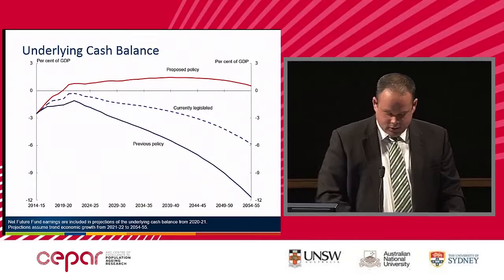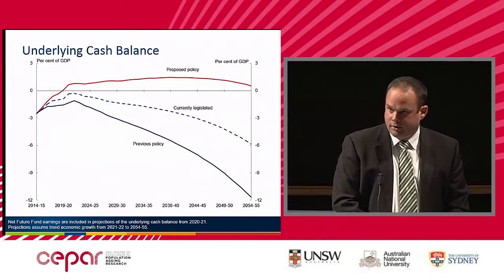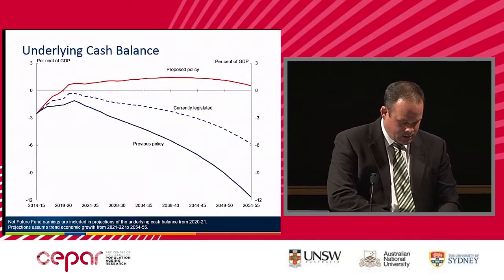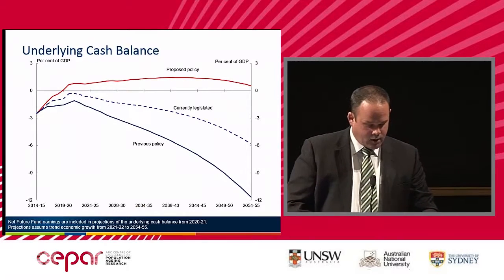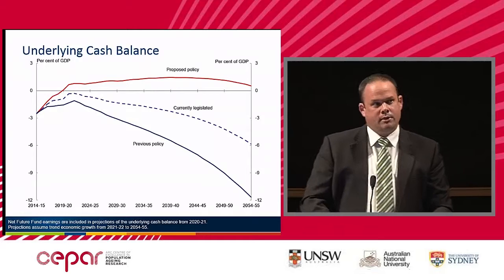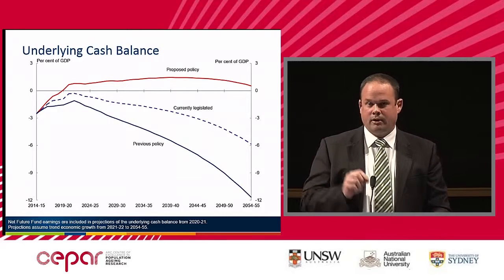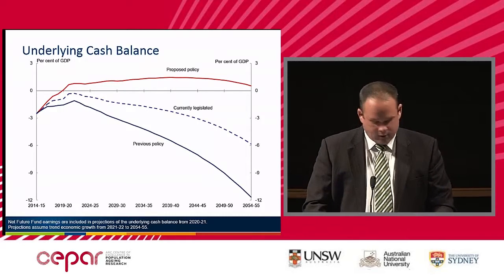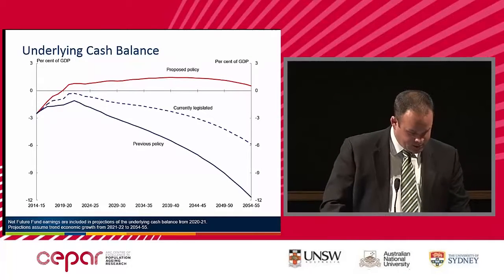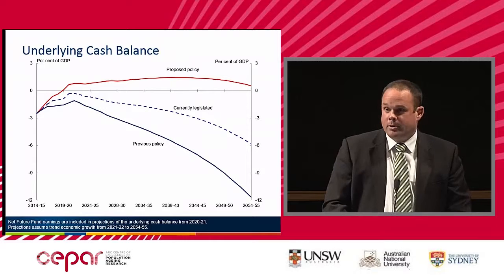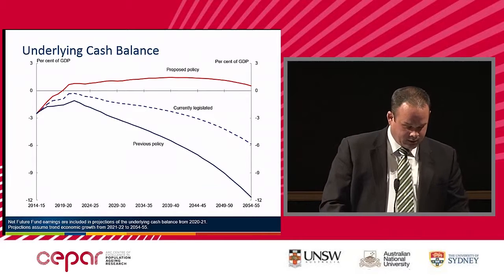So just to explain the three scenarios that were part of this IGR, the legislative requirement is, if you think of it in terms of projecting on the basis of policy as announced, and so the proposed policy line is the usual way that we would run IGR projections, and that assumes implementation of announced policies.